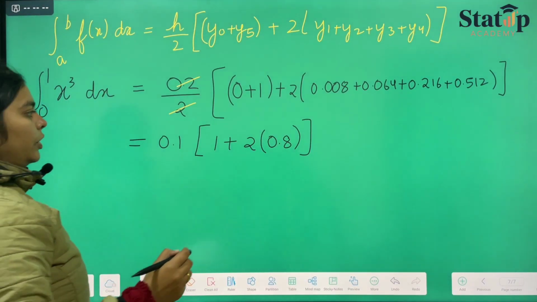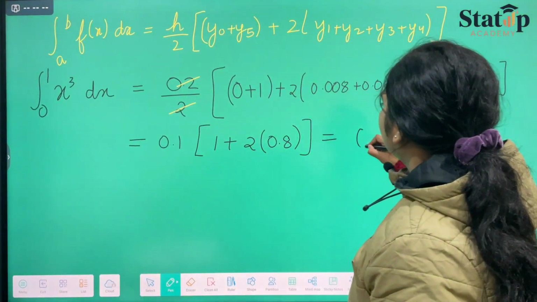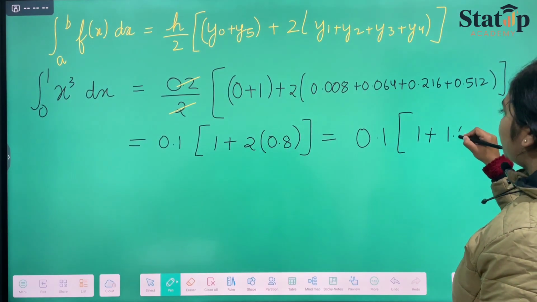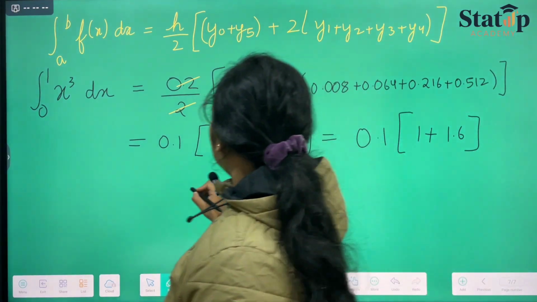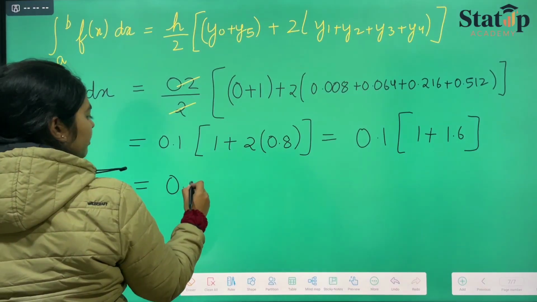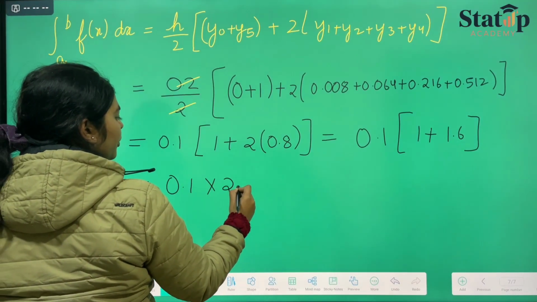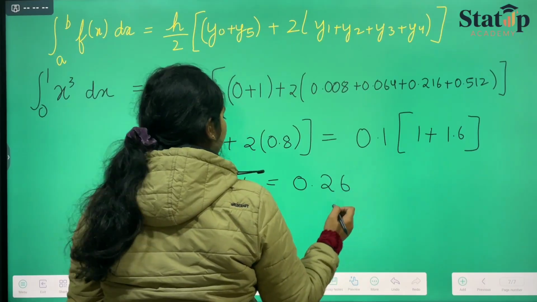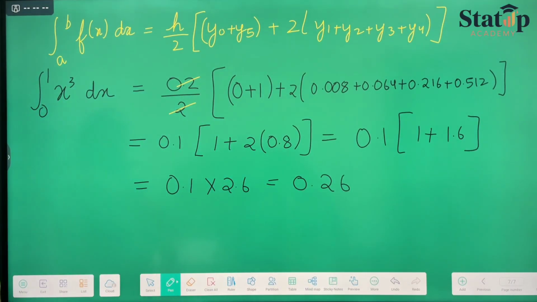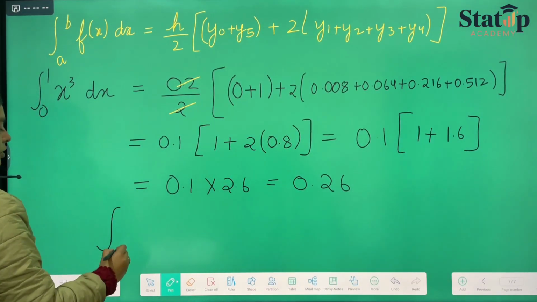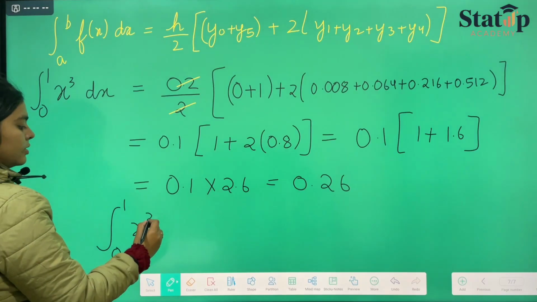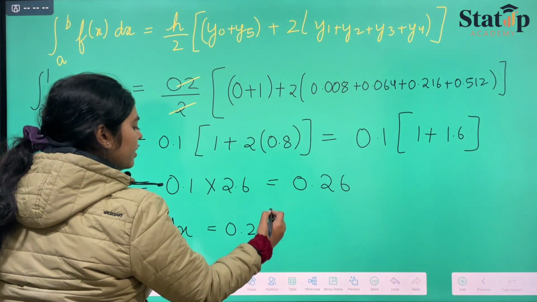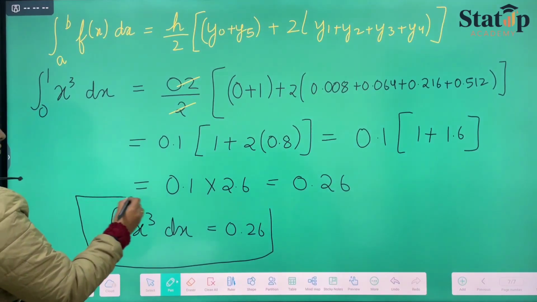So it will be 0.1 into 1 plus 1.6, which is nothing but 0.1 into 2.6, which is equal to 0.26, which is our final answer. That is, integration from 0 to 1 of x cube dx should be equal to 0.26 by the trapezoidal rule.